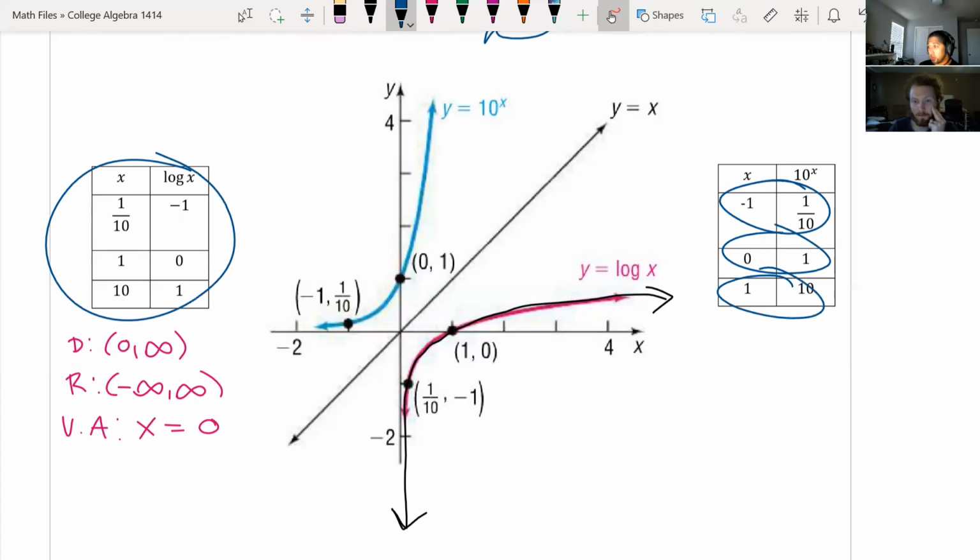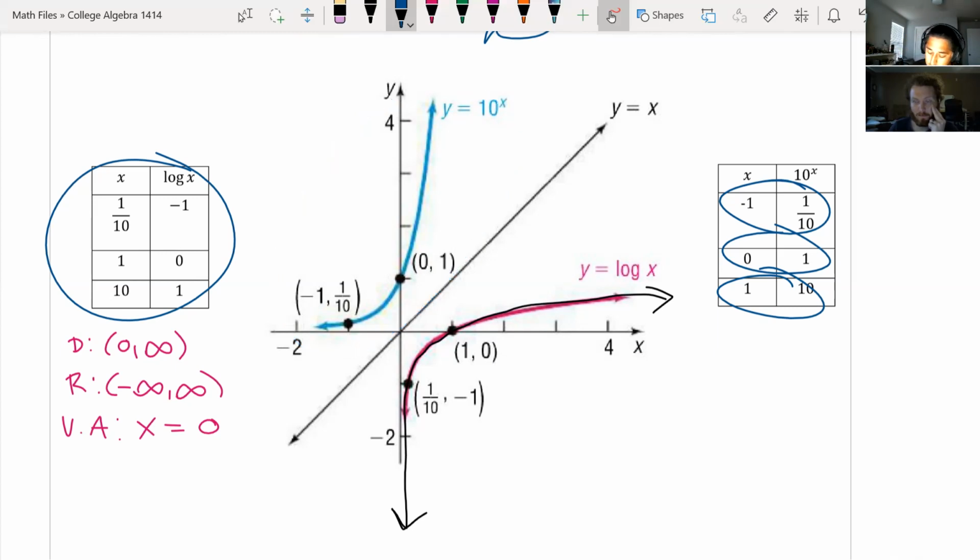We have just flipped them over. That function is represented by the blue graph. Here is the inverse of the common log function, 10 to the x, and there are your points: (-1, 1/10), (0, 1), and then (1, 10) if this graph would fit it.